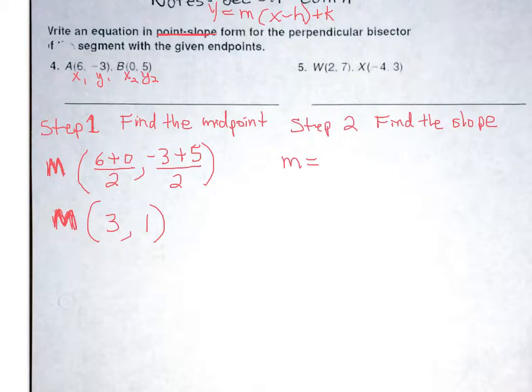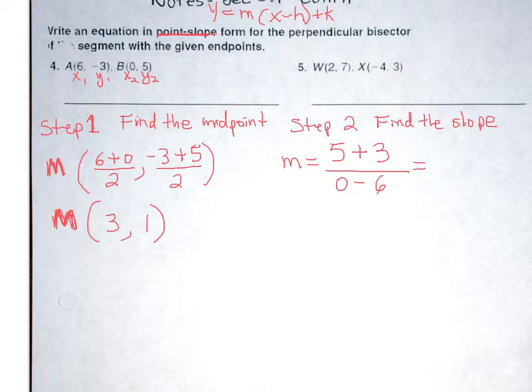The slope formula is y sub 2 minus y sub 1 over x sub 2 minus x sub 1. So what is y sub 2? Right, y2, which is 5, minus y sub 1, so it's plus 3, and then x sub 2, which is 0, minus x sub 1, and that would be 6.